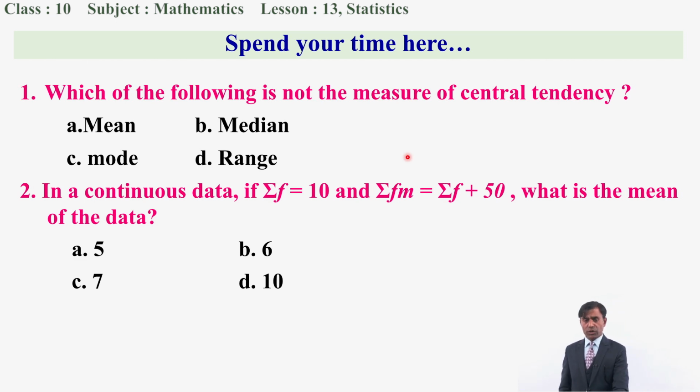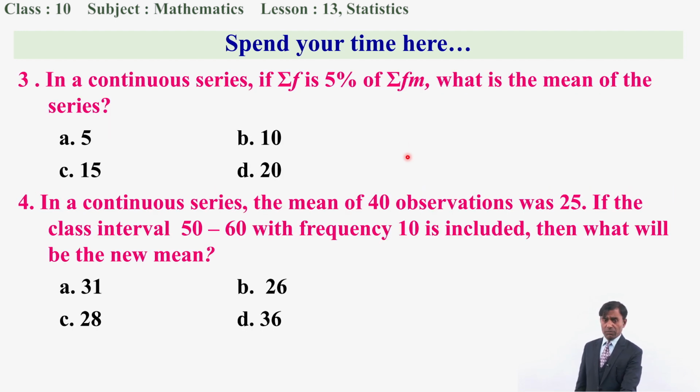Similarly, in question number 2, summation of f and summation of fm are given. What is the mean of the given data? Find the mean and select the right option. Similarly, in question number 3, some selective response or multiple choice questions are given. That's your work from today's class.